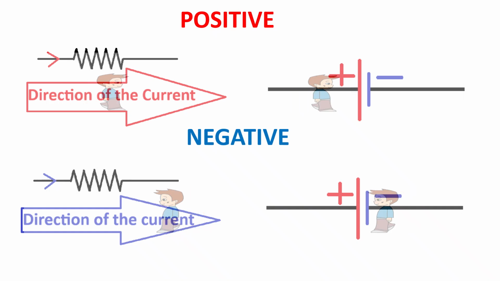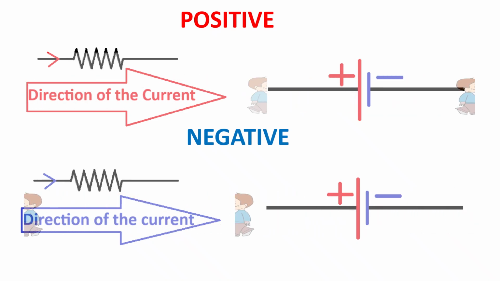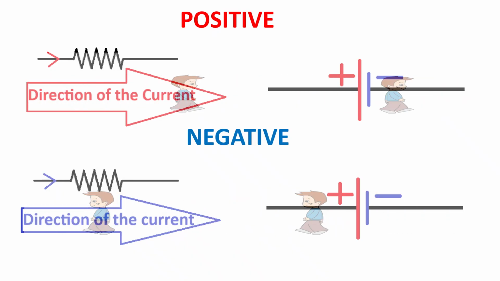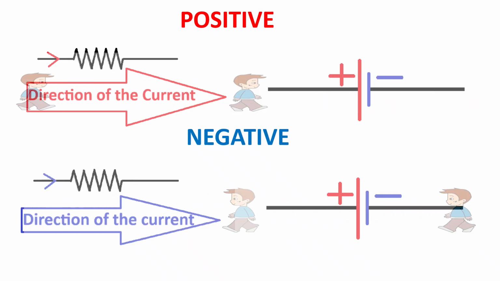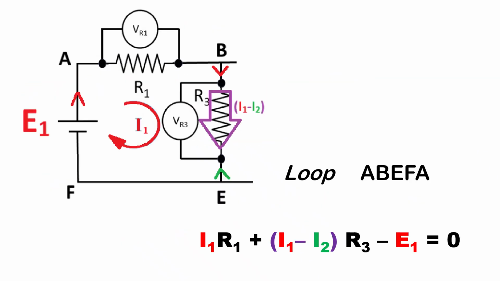As per the sequence of the loop, if we touch the positive terminal of the cell, then EMF should be marked as positive. But as per the sequence of the loop, if we touch the negative terminal of the cell, then EMF should be marked as negative.